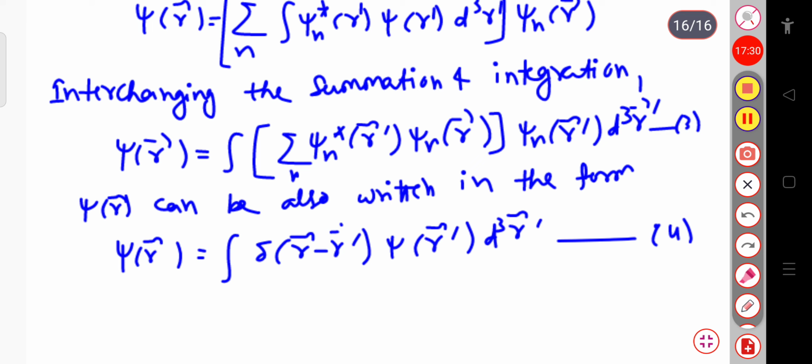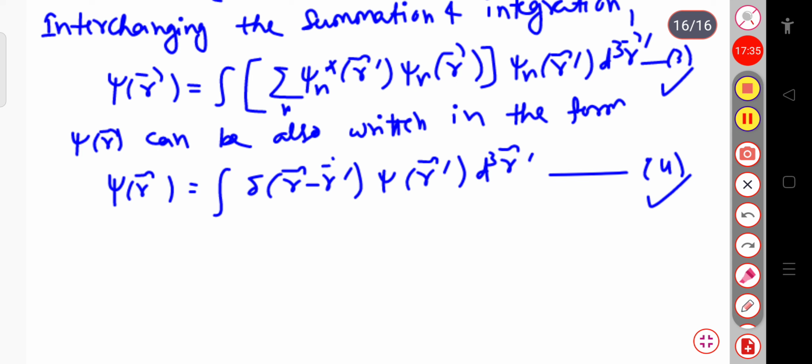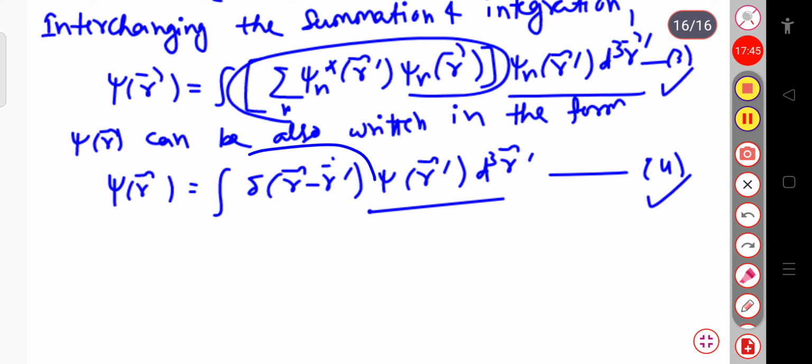Now if I compare equation 3 with 4, we can see here the integration and here psi r prime dq r prime, and here also psi r prime dq r prime. Now we can say this bracketed term will be equal to delta r minus r prime.